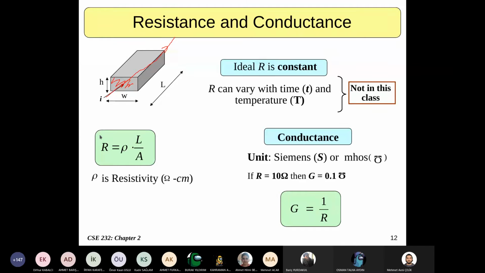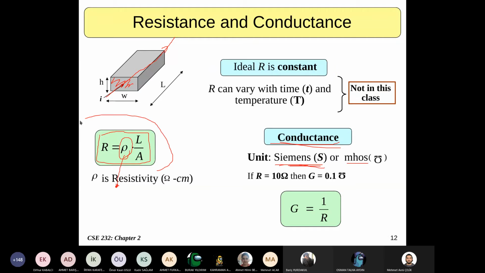So the resistance can be calculated if rho, the resistivity of an element, is known, using the formula rho times L over A, where L is the length of the material and A is the cross-section area. The conductance, which is 1 over the resistance, is measured in ohms inverse, or Siemens. Probably all of you know Siemens from somewhere else.